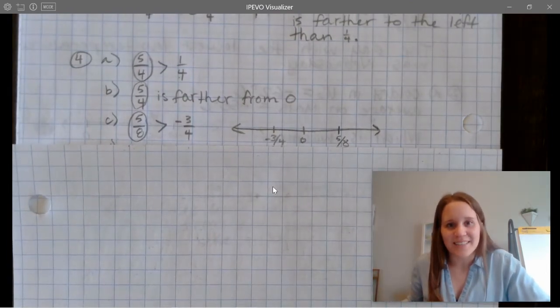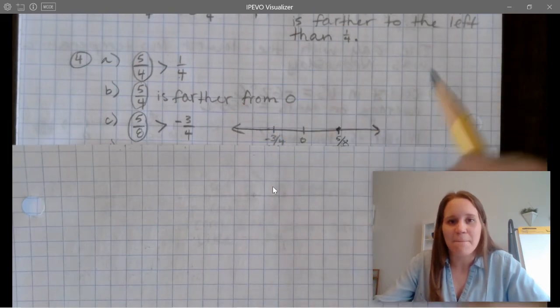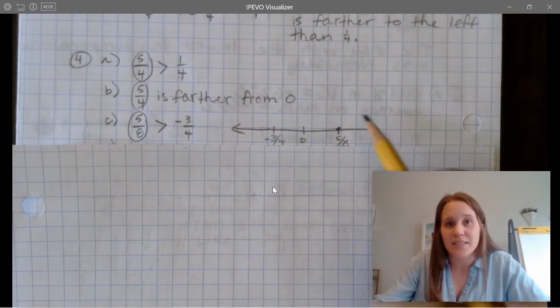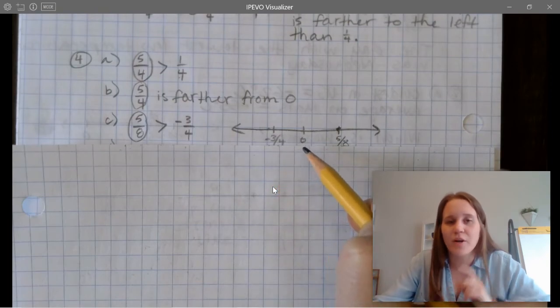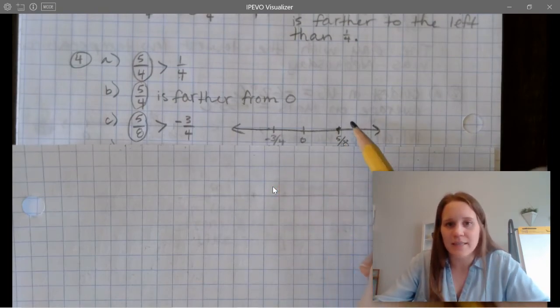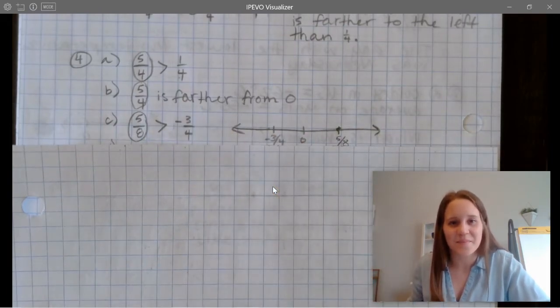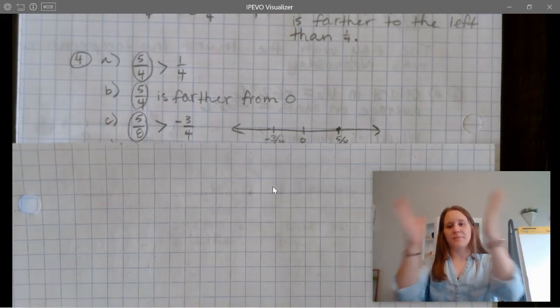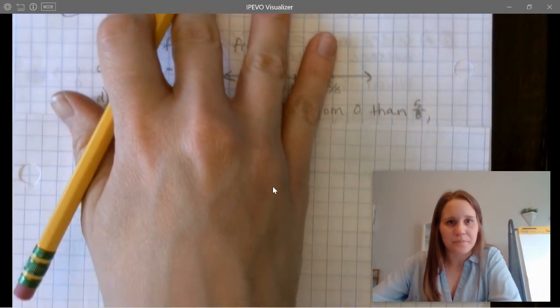No matter what, the positive number is going to be greater than the negative number, because always the positive numbers are to the right and the negative numbers are to the left. So if I'm looking for greater, I'm looking to the right, that 5/8 is going to be greater. The answer is 5/8. Good work.